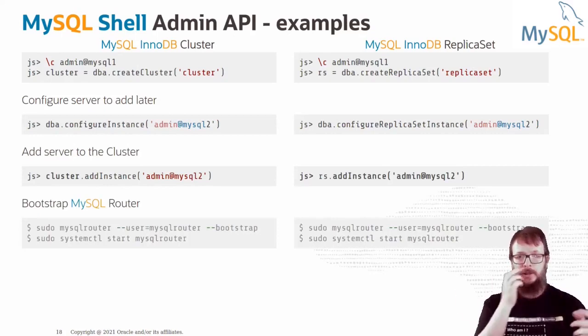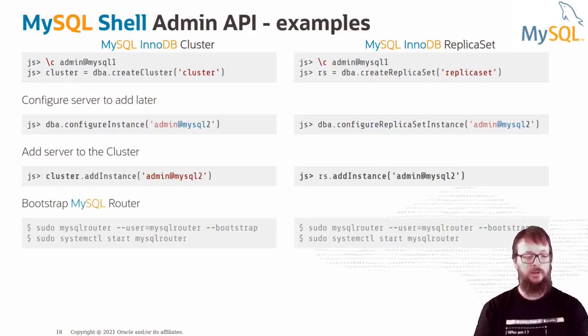And then when it's all installed and finished, you can also bootstrap MySQL Router. MySQL Router will create a user to monitor everything it needs to be able to connect to them. It will also know the whole situation of the cluster or the replica set by connecting to the metadata that it has. And it's very, very easy to do. So as you can see, it is very easy to configure the whole stack from the MySQL Shell admin API, right?